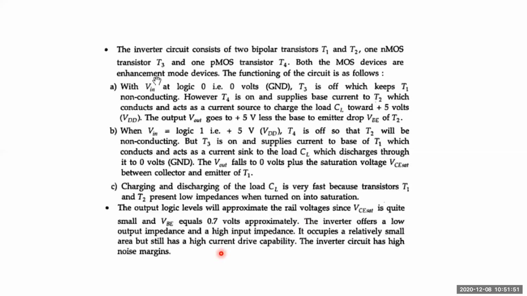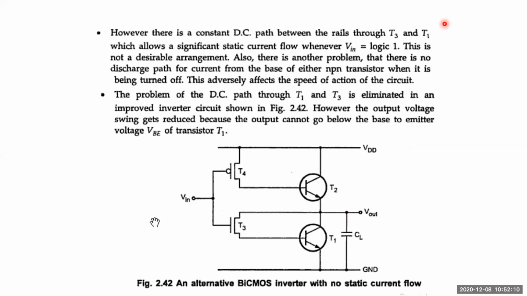And one important thing is that this inverter circuit has high noise margins. Since we are using the BJT in the BiCMOS structure, it will have high noise margins. And this is another structure, the alternate BiCMOS inverter.